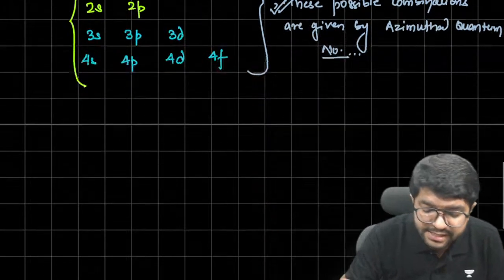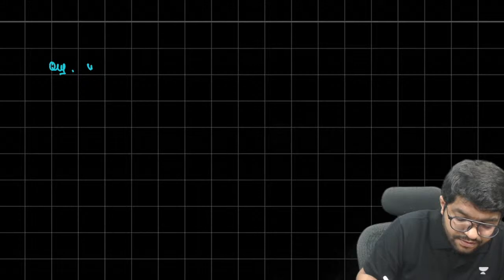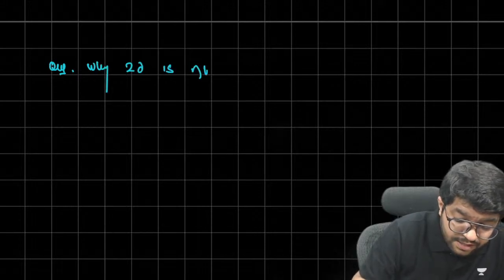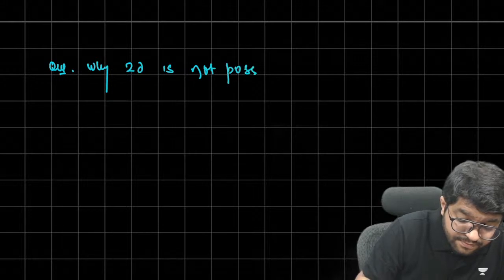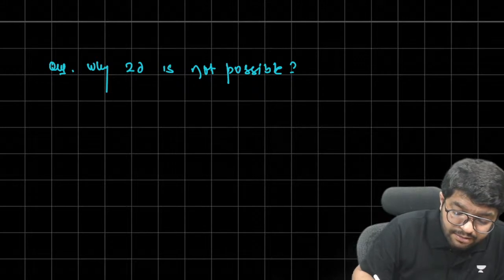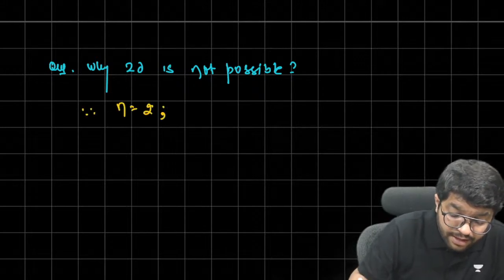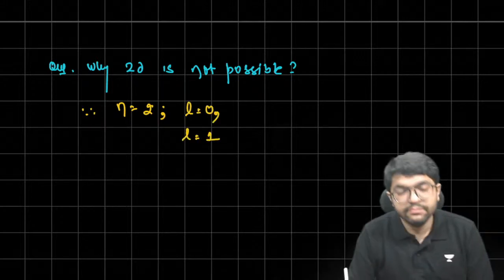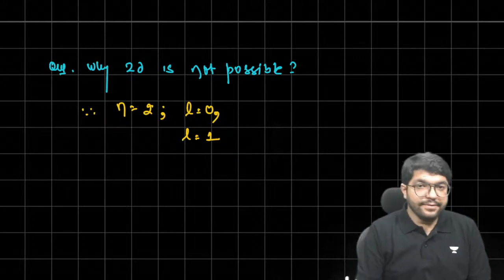Right? So if somebody says, why is 2D not possible, sir, then my answer will be: because for n equal to 2, L can be 0 and L can be 1.